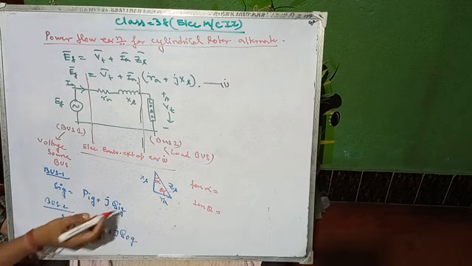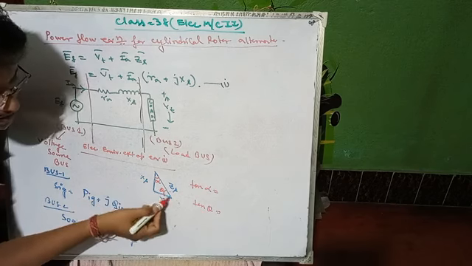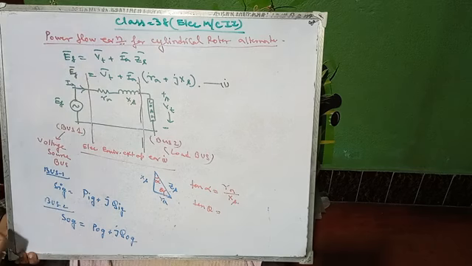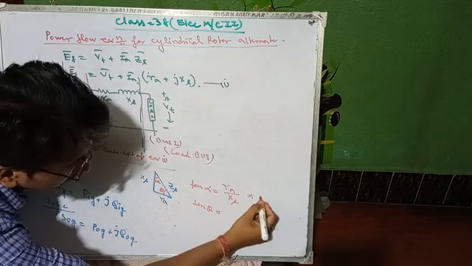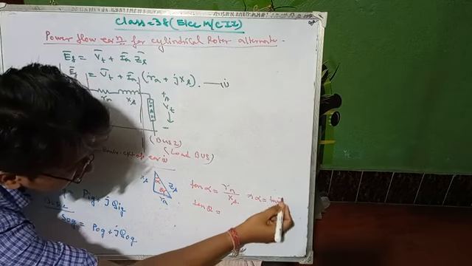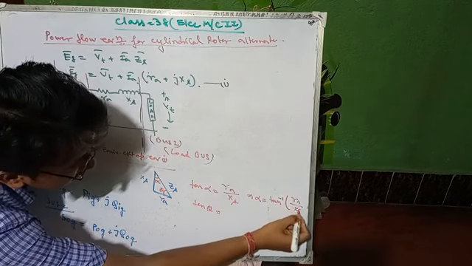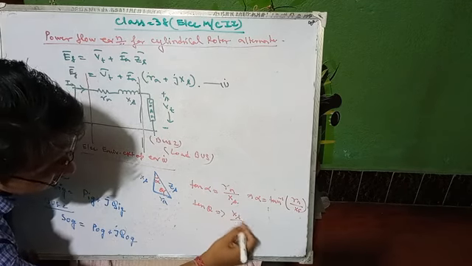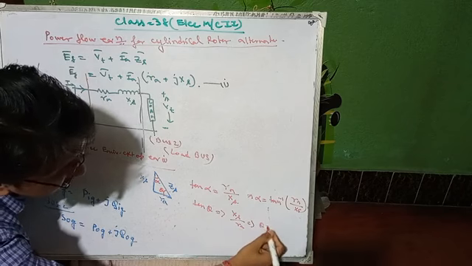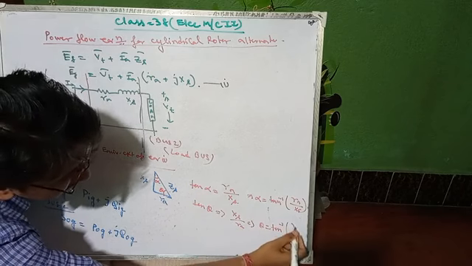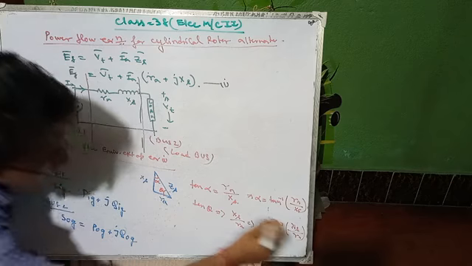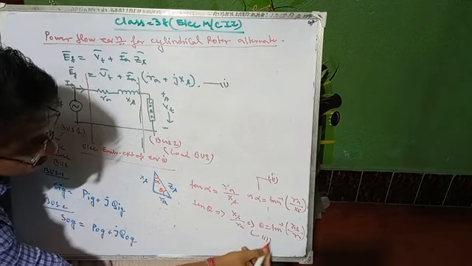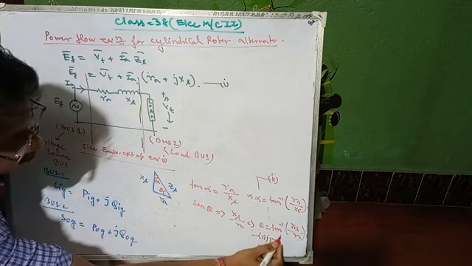With respect to this angle, tan alpha equals Ra by Xs, so alpha equals tan inverse Ra by Xs, and theta equals tan inverse Xs by Ra. Make these equation number 2 and equation number 3.